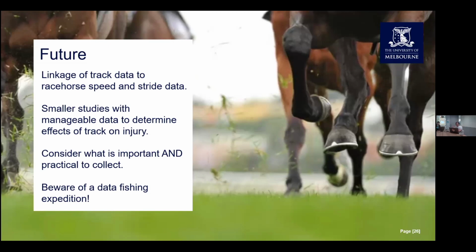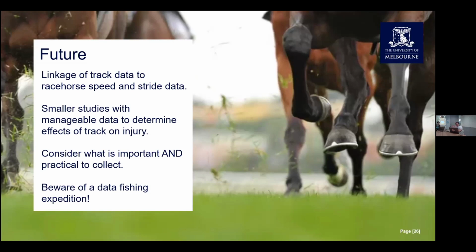I would suggest that we start out not with trying to get as much data as we can from all of the tracks, but perhaps piloting it on a smaller number of tracks to determine what key factors are important before rolling it out across a jurisdiction.